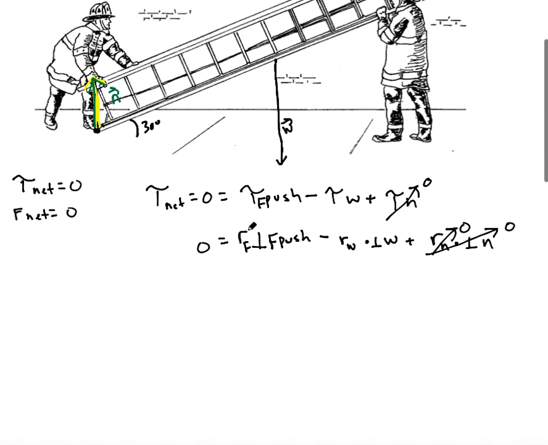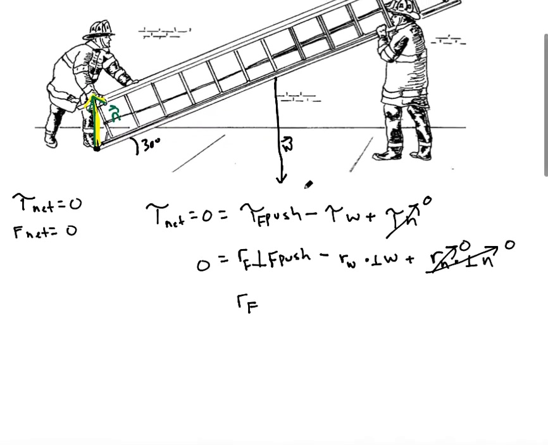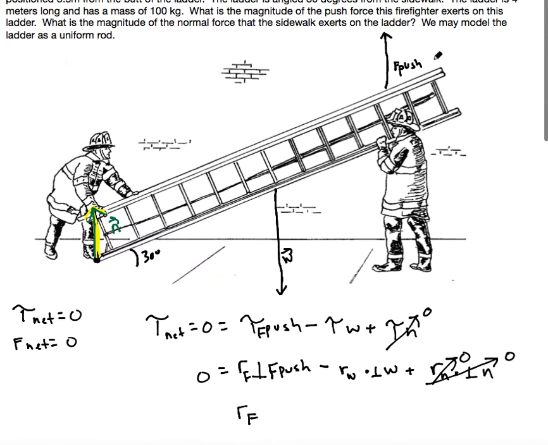So what is this perpendicular component of our F push? It's not going to be our whole F push. It's just going to be the perpendicular component of this F push vector, as we can see here. So what is that? Well, we can use a trig function to find that out.